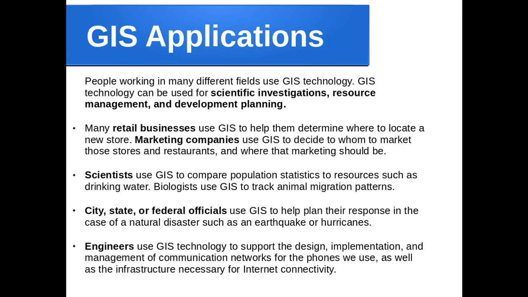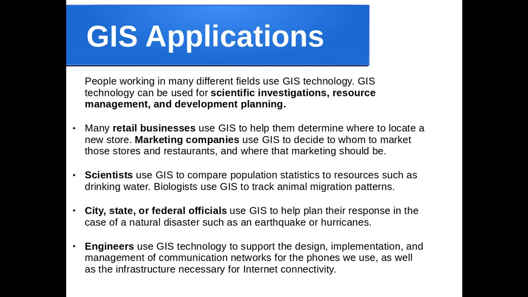Scientists also use GIS in order to compare the population statistics to resources such as drinking water, or even the biologists can use it as a way to track animal migration patterns, or simply in order to model certain habitats for different animals.